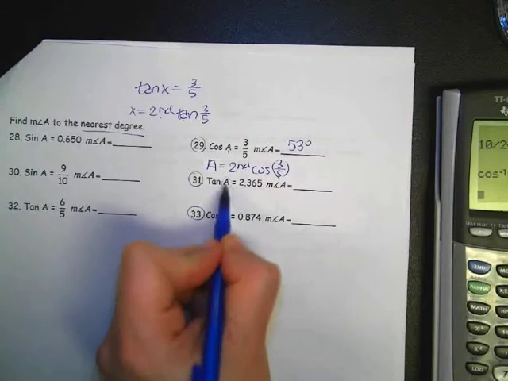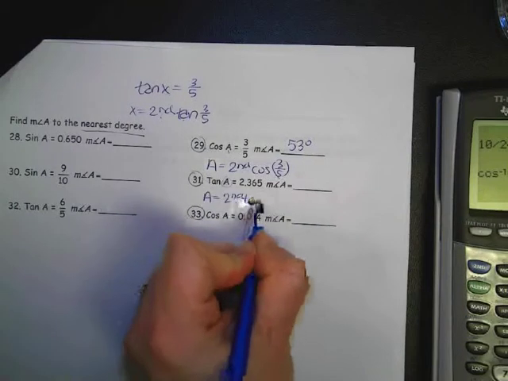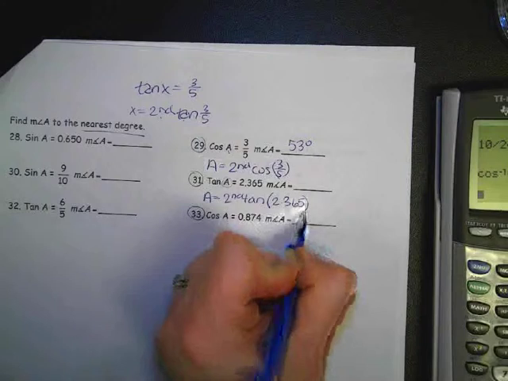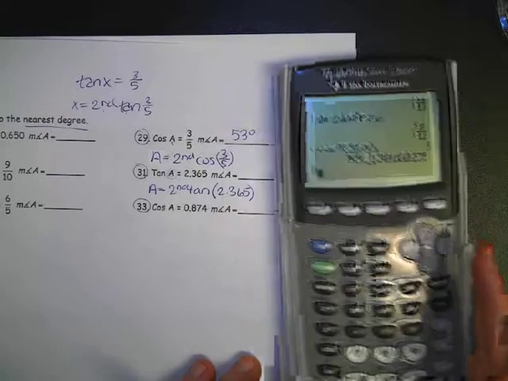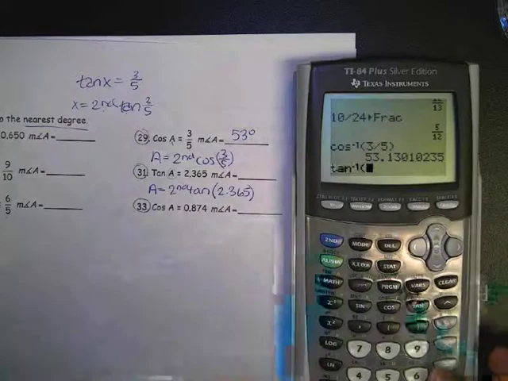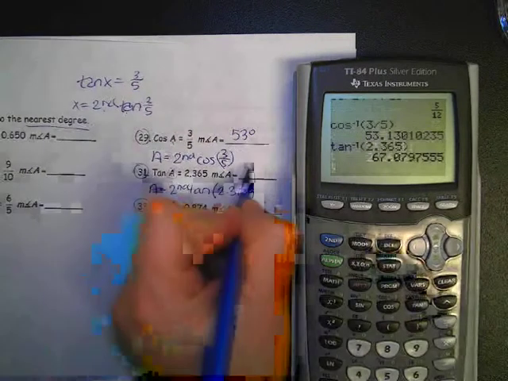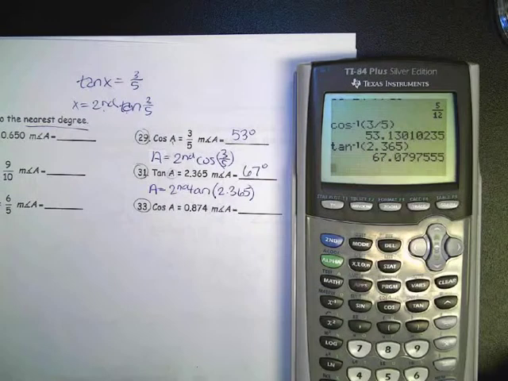Number 31, your variable is still on the tangent side, so to cancel it out, you're going to do second tan of the number they gave you, which is 2.365. So on the calculator, second tan, 2.365, comes out to 67.0, which rounds to 67 degrees.